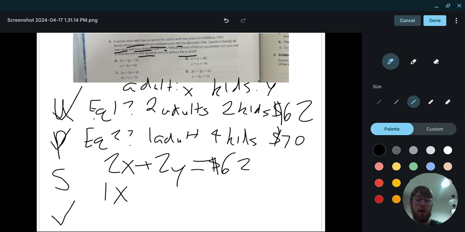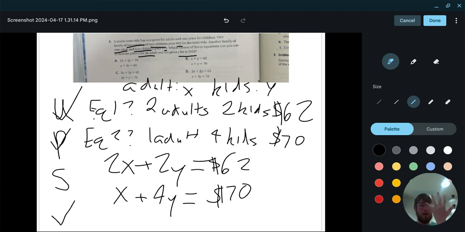We could write a 1 in front of here, but it's not necessary, though if you choose to do so, there's nothing wrong with that. Plus 4y, that's our 4 children of the second family, and they pay $70. That's 1 adult and 4 kids, so 5 people total, which makes sense since we have 1 plus 4. So now we've solved what this problem is fully asking.